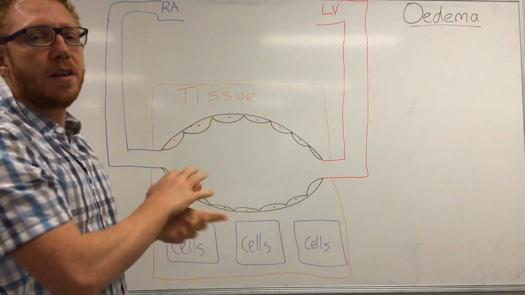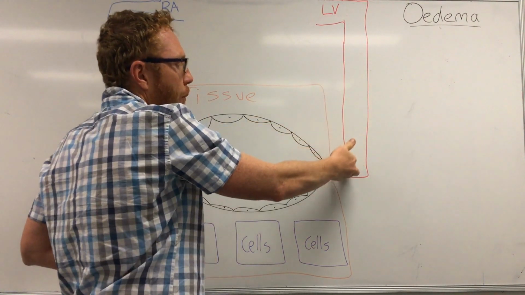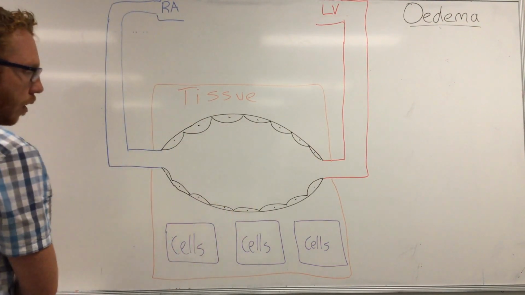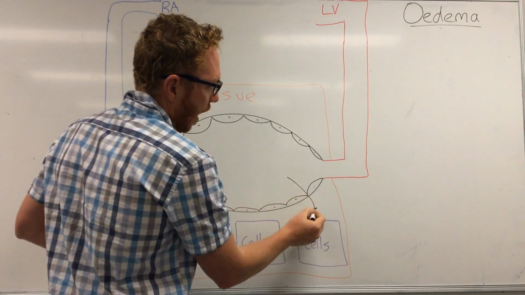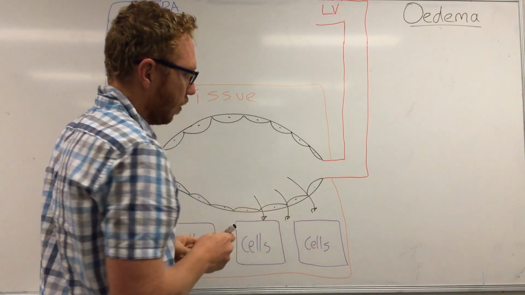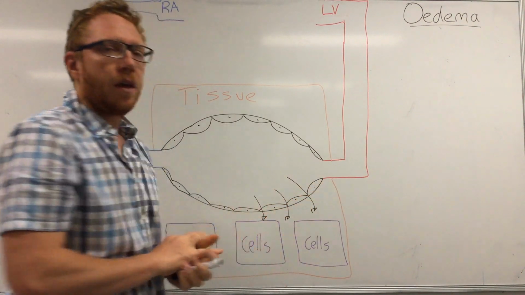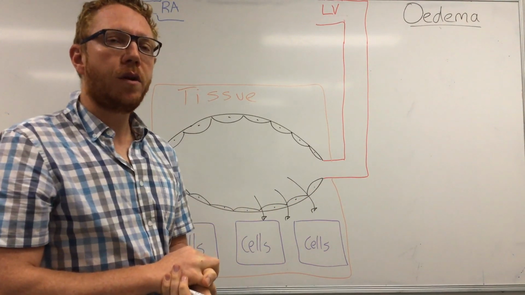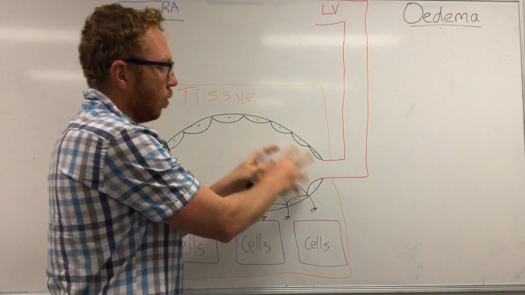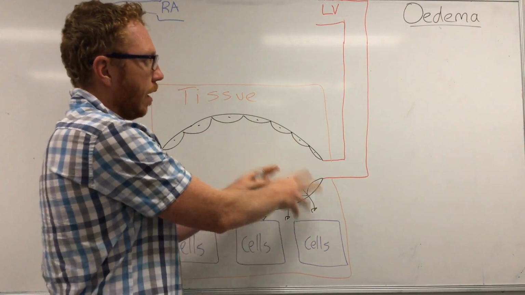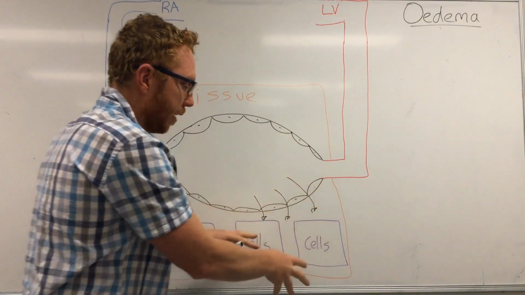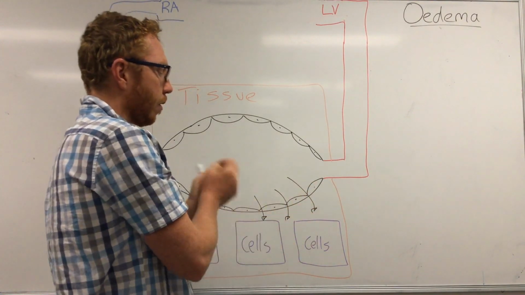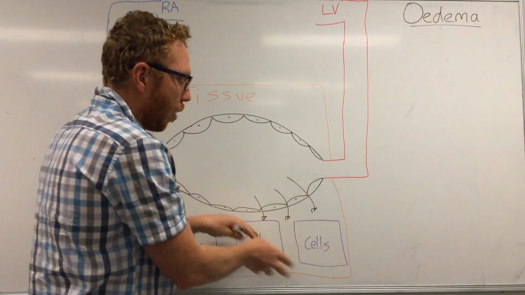The whole point of this is to bring blood down into the capillary bed, and then hopefully push the plasma out into the fluid. The fluid between the cells is what we call the extracellular fluid, or sometimes the interstitial fluid. The point is to take all the nutrients, oxygen, electrolytes, etc., to the cells, allow them to pick up everything they need, oxygen, nutrients, vitamins, electrolytes, and drop off their waste.